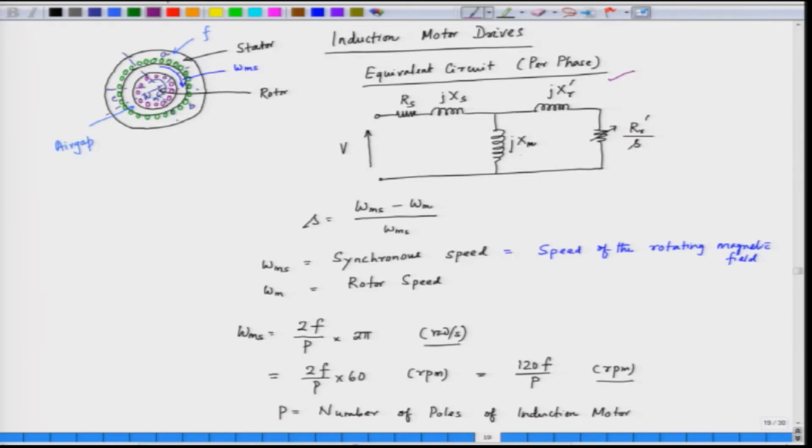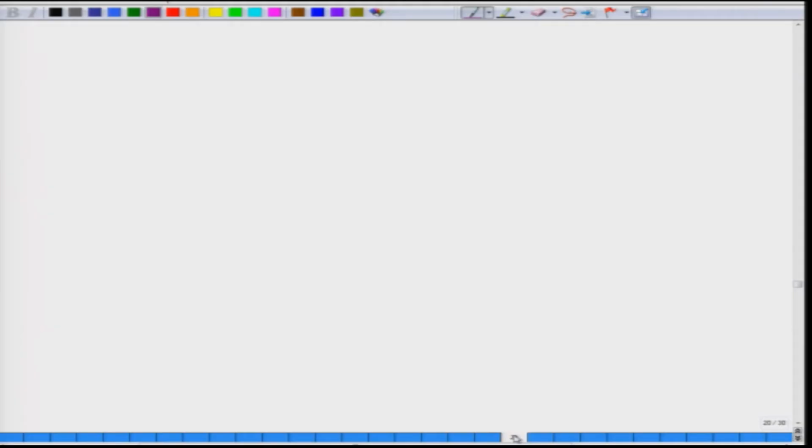Now, this is the magnetizing reactance. This magnetizing reactance can be sometimes moved to the input side. So, we get another circuit which is given as the resistance, the reactance of the rotor, resistance, and this magnetizing reactance is moved to the input side.